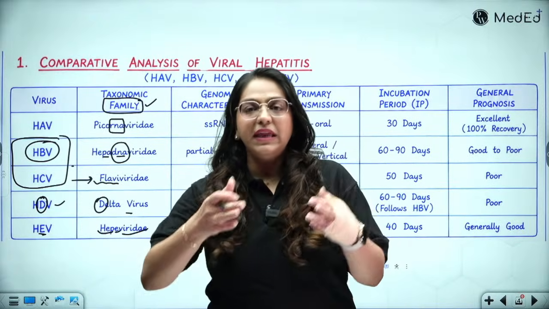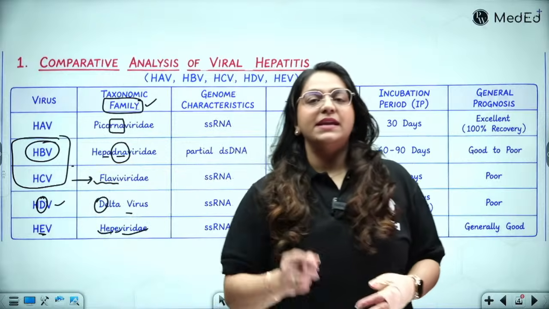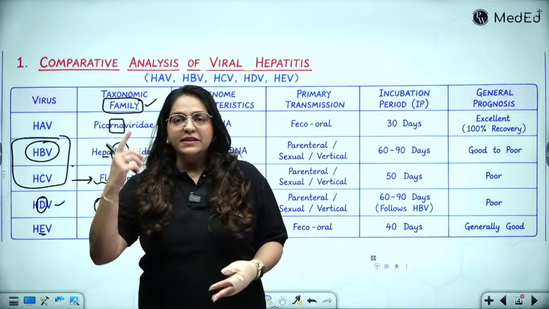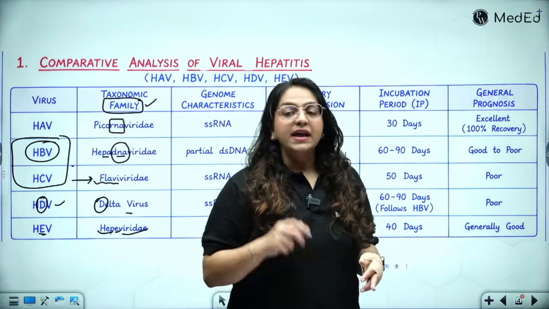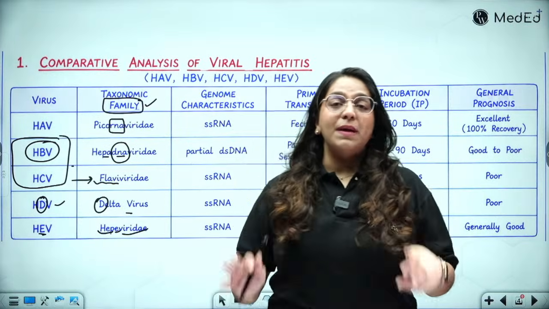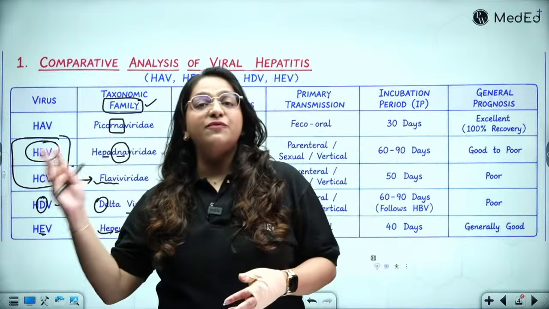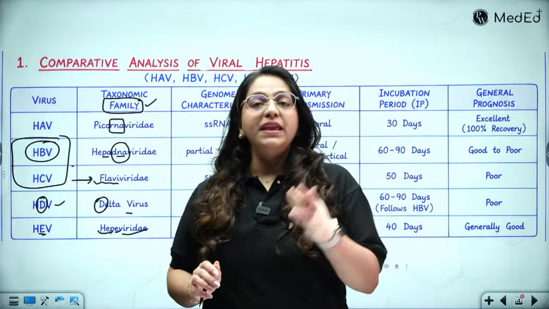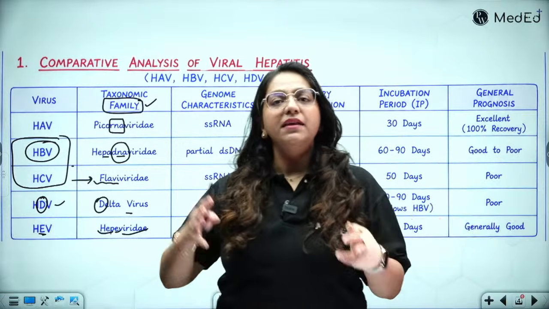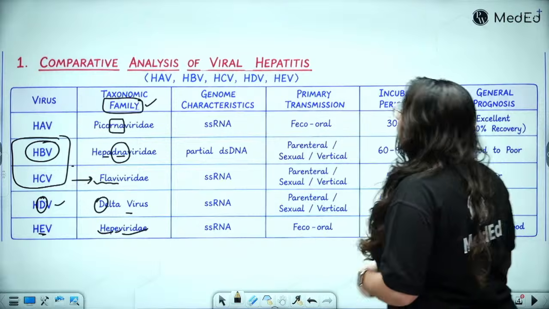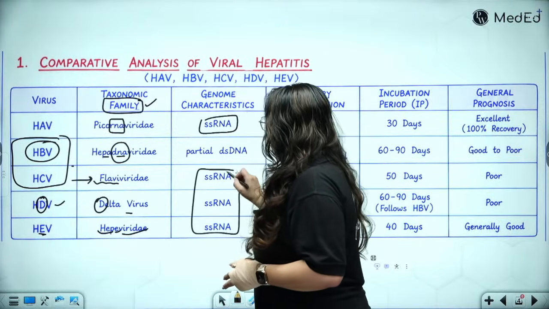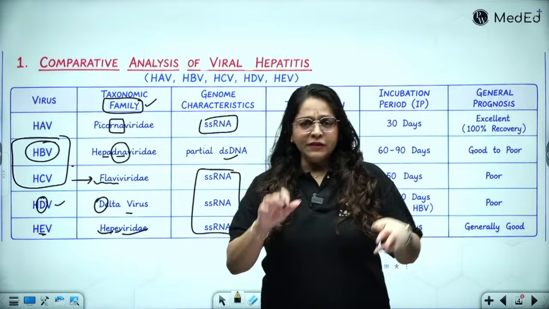So hep E viridae is the hepatitis E viridae family, right? So you will write the taxonomic classification. First is the one with RNA in its name, Picorna. Second is the one with DNA in its name, Hepadna. C is citrus, means Flaviviridae. Then D is delta, and hep E virus is hep E viridae family. Right? Done.